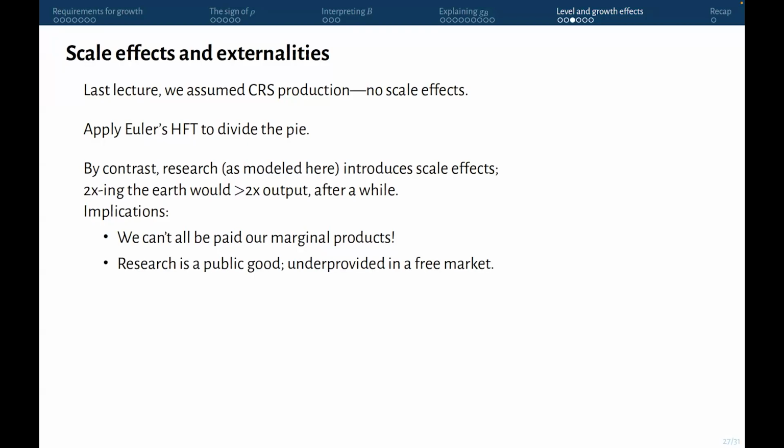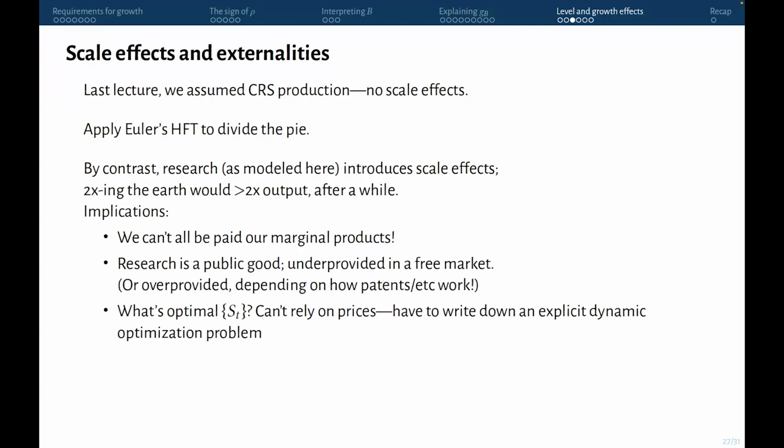Research is probably going to be a public good. Depending on how patents work, it can be under or over provided, actually. We'll see a little bit about this at the end of this week. But you can see how it's a classic public good, right? A new idea, everyone gets to benefit from it.